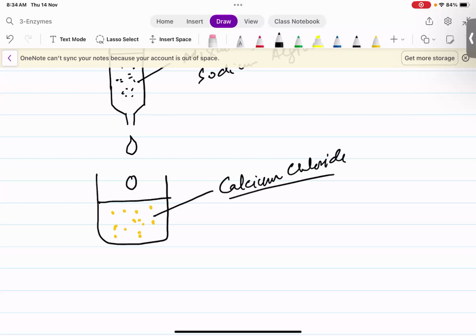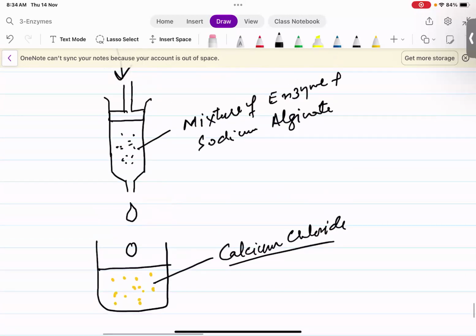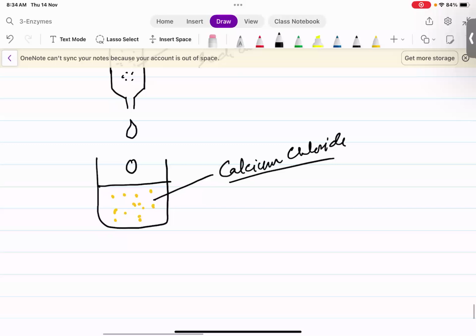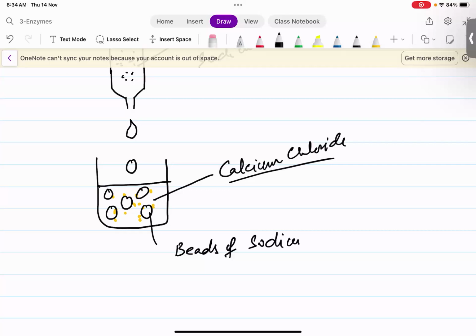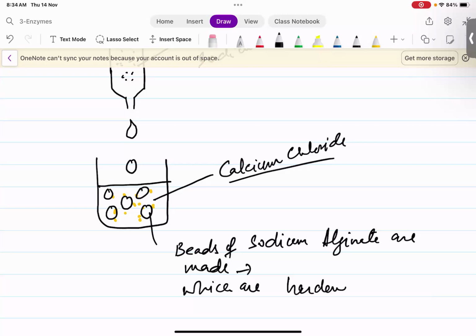So when this mixture of sodium alginate and enzymes is poured into calcium chloride drop by drop, these beads of sodium alginate are made, which are hardened by calcium.